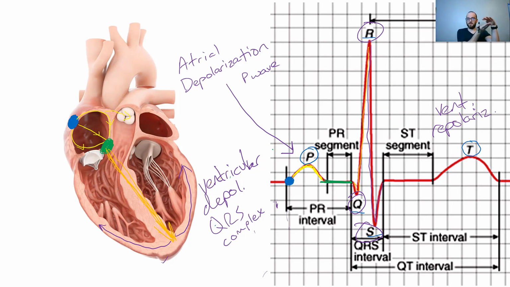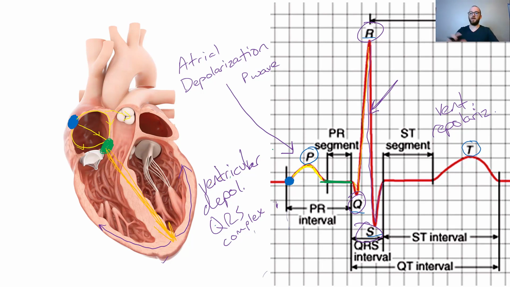So we look at the P wave of the atria depolarizing, atrial repolarization is going to be very, very low, to the point that we might not be able to see it, or it might actually be happening during the ventricles depolarizing. When they're depolarizing, the atria are already starting the repolarizing process. So a lot of times the electrical signal of that QRS complex when the ventricles are firing is a really big electrical signal. That's why it's that big spike. It's kind of hiding the little electrical signal of those atria recharging or repolarizing.